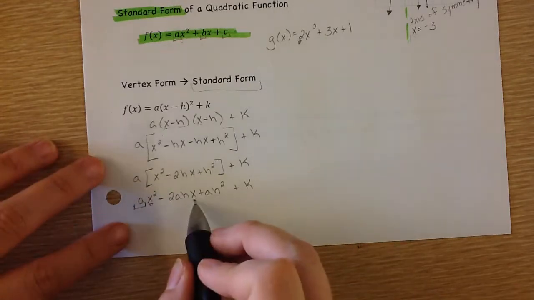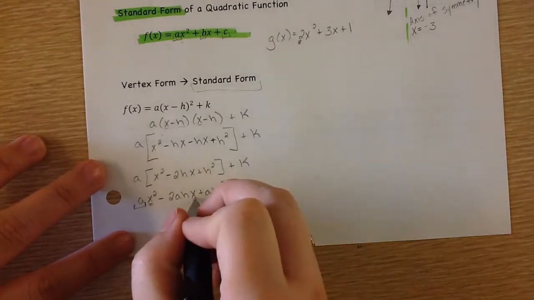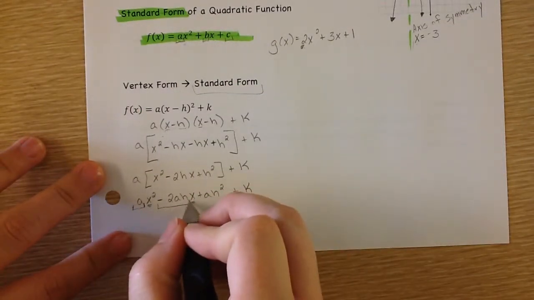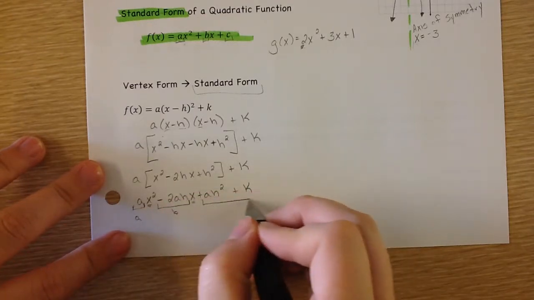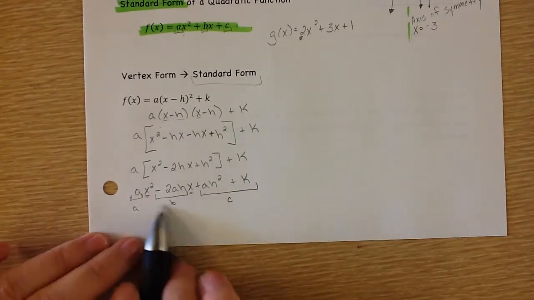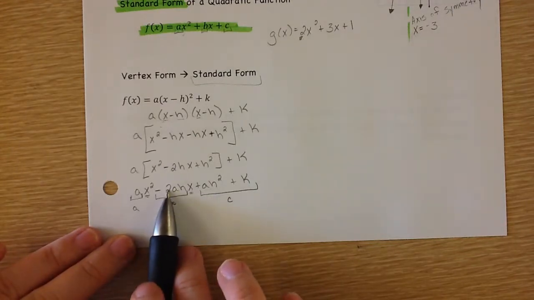What's multiplied in front of my x? Negative 2ah. So that's my b. So this is still my a, and then this doesn't have any x's at all. That's my c. So from this, we can see my b comes from the negative 2ah.